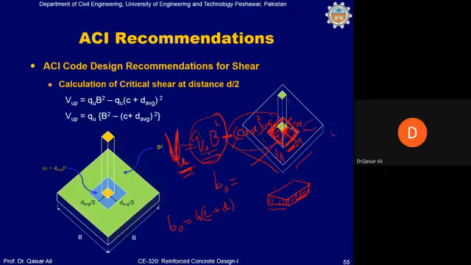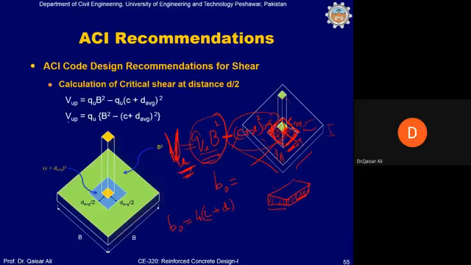So the ACI code allows us this slight reduction in the punching shear, so that if you want to slightly economize our design by reducing the thickness of the foundation pad, we can do so. Although in our practical design, we do not take any advantage of this because this is of very little significance, as you will see in the coming slide.